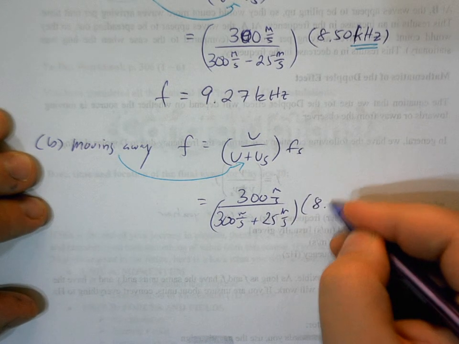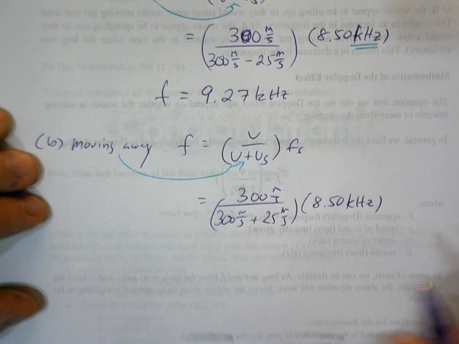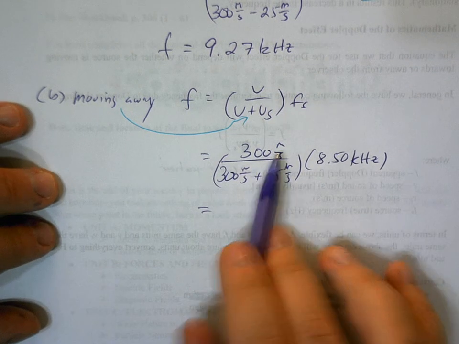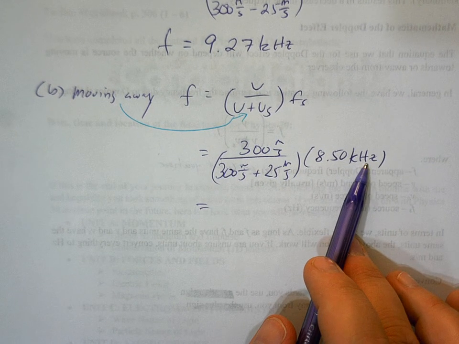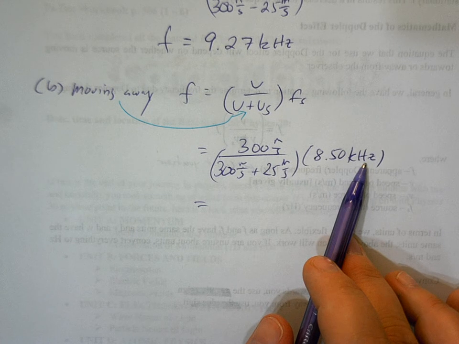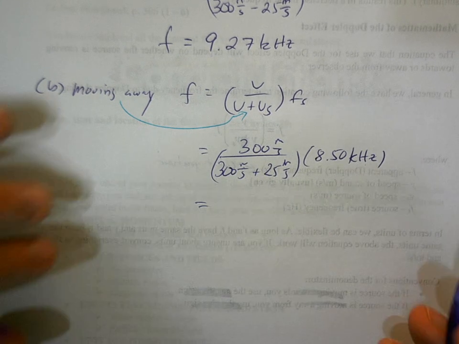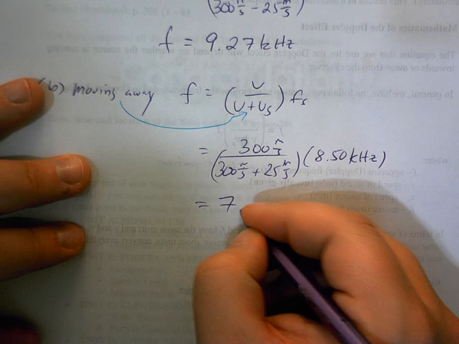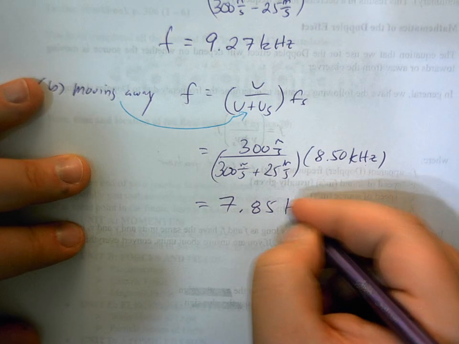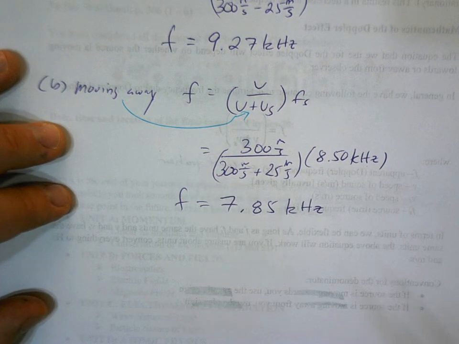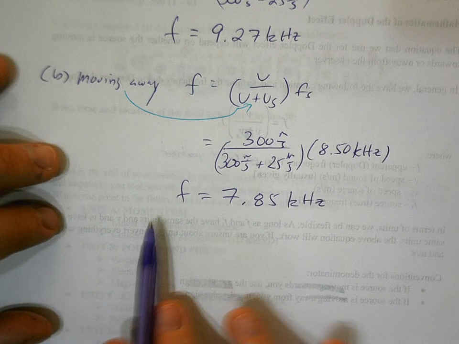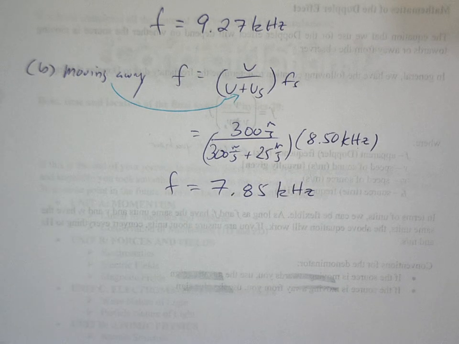And then we're still going to multiply this by 8.50 kilohertz. Same thing, the meters per second will cancel out. Because my source frequency is in kilohertz, I also want my Doppler frequency in kilohertz. This is going to give me about 7.85 kilohertz. Now, we know when something's moving away, we expect the frequency to decrease. This is what we're seeing.